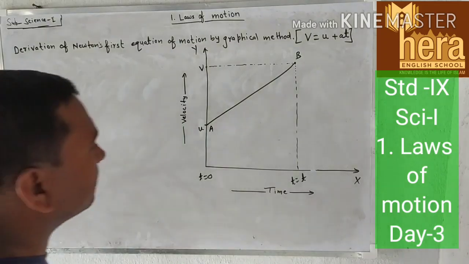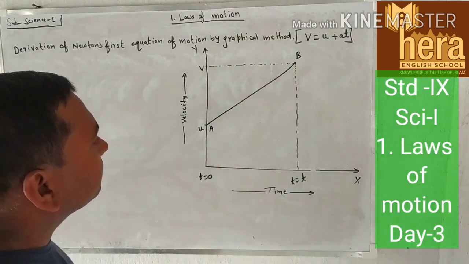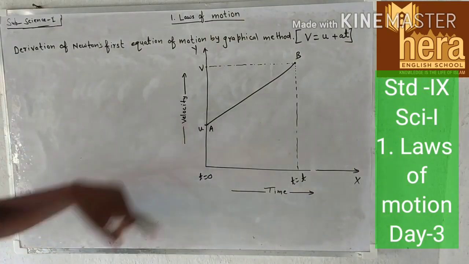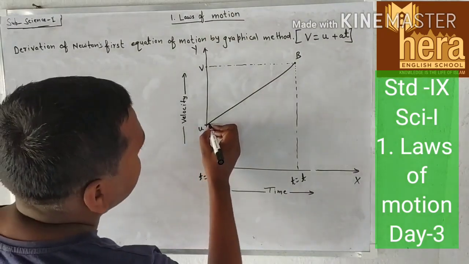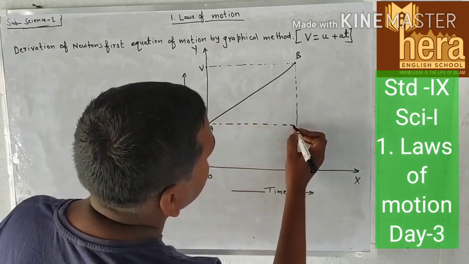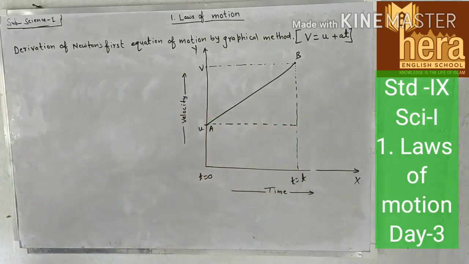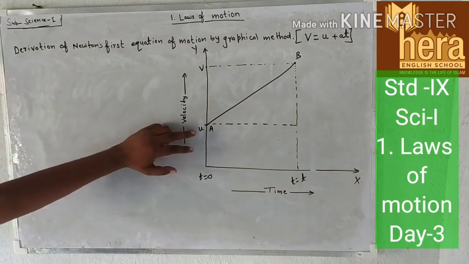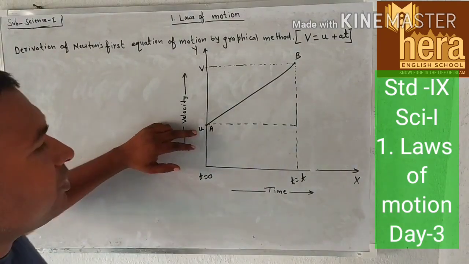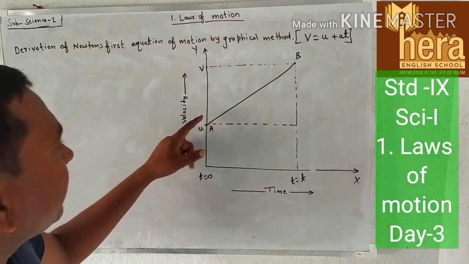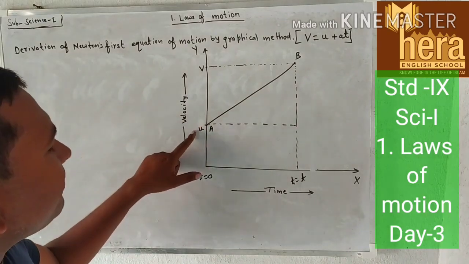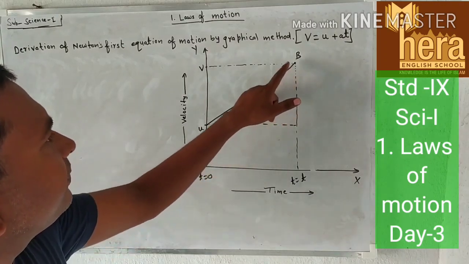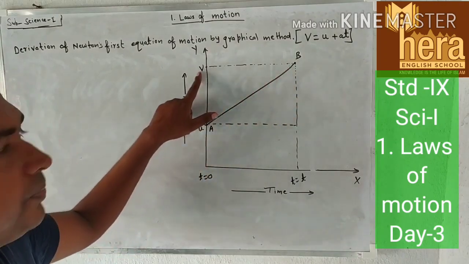Okay. So here change in velocity will be equal to, change in velocity means what? Initial velocity was u and final velocity became v.